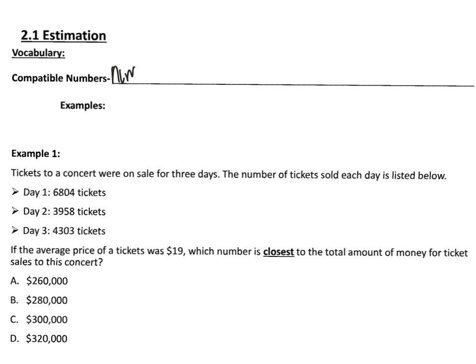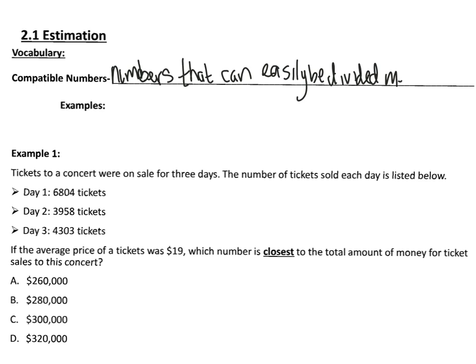So numbers that can easily be divided mentally. What we mean by divided mentally is numbers like 25 and 5, right?